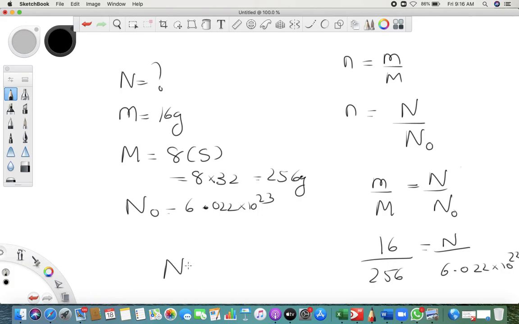That makes N equal to, when you calculate this, 3.011 into 10 raised to 20 molecules. Got it? Cross multiply it and we'll get this many molecules. Sometimes they ask you to find out the number of molecules, or sometimes the molecules are given and they ask you to find out mole. Let's see the next one.